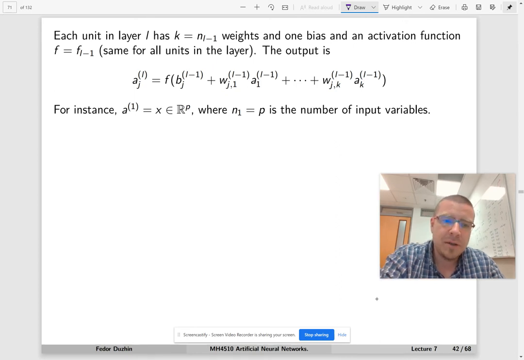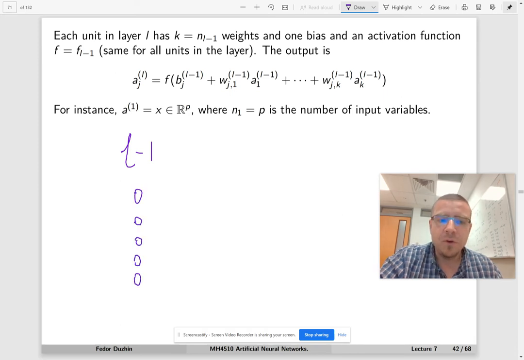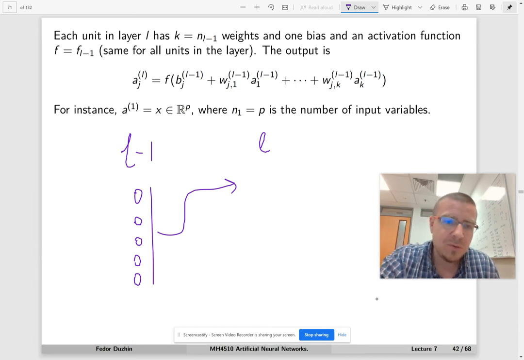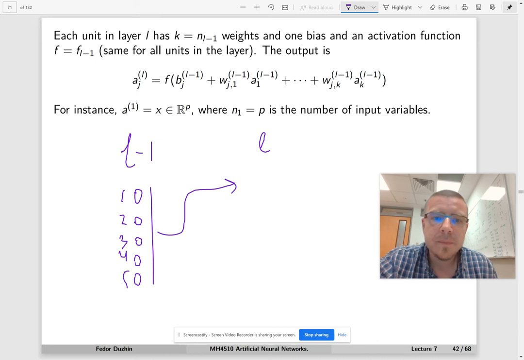So if we have some layer L-1 with, say, 4 units here, then these four units become the input of layer L. Which means that each unit in layer L needs these 5, so 1, 2, 3, 4, 5, it is going to need 5 weights. So here K is going to be 5.